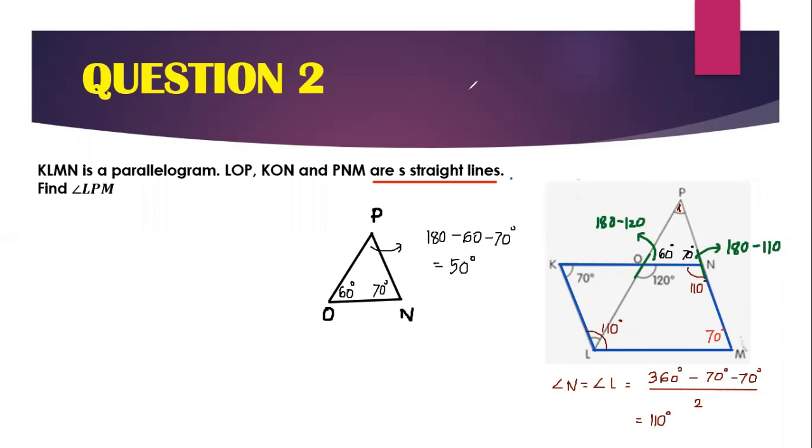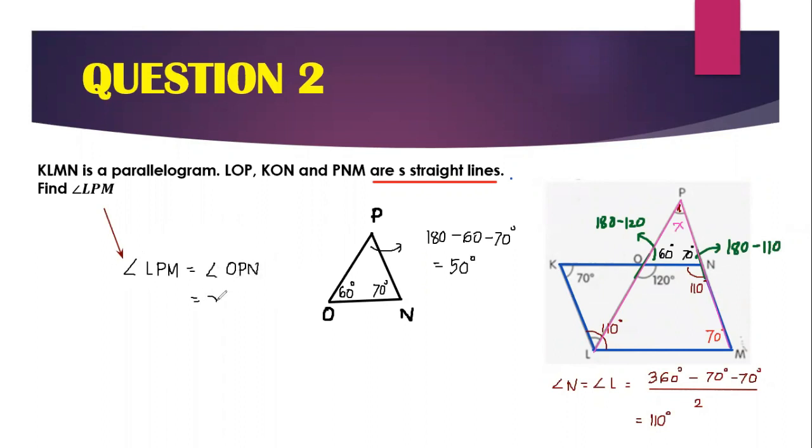So the question is, what is angle LPM, right? Angle LPM, this one here. Very easy, right? So angle LPM is this one, X. Angle LPM is equal to angle OPN.